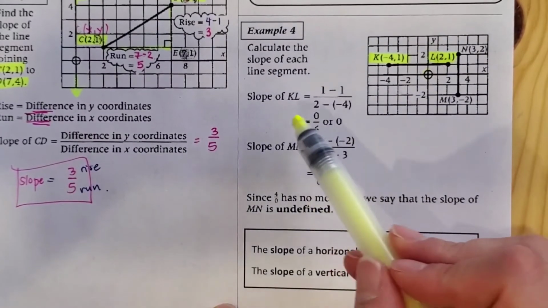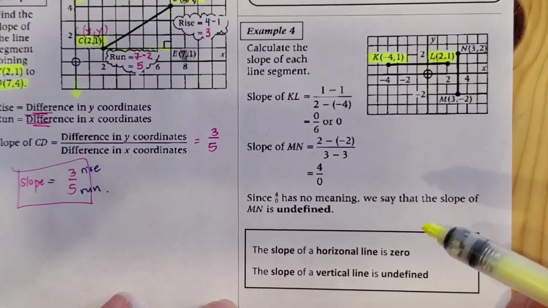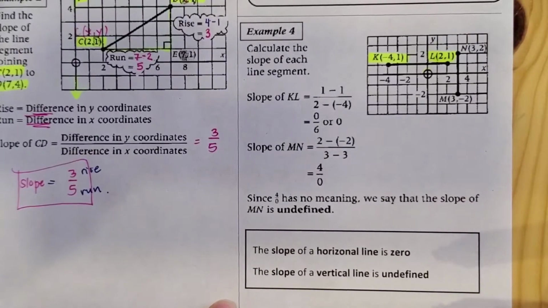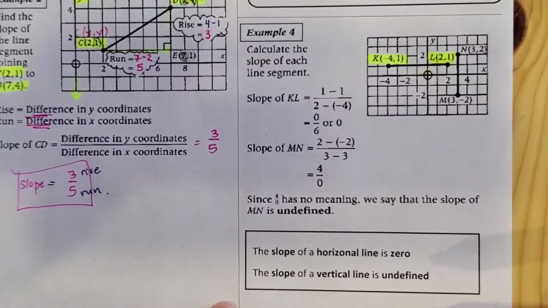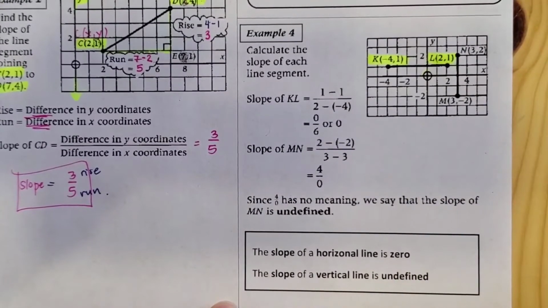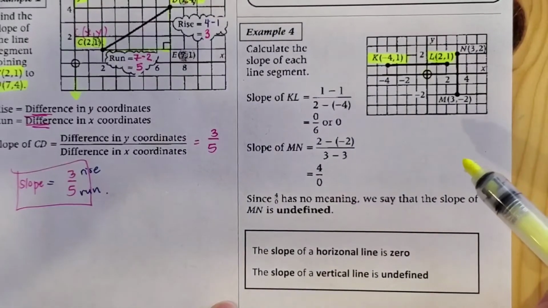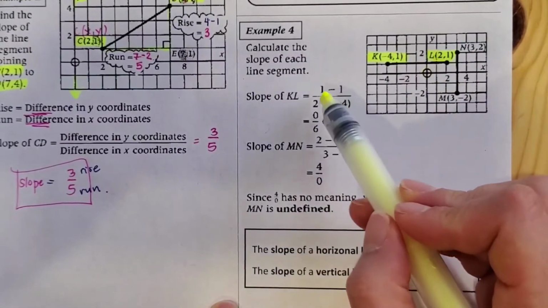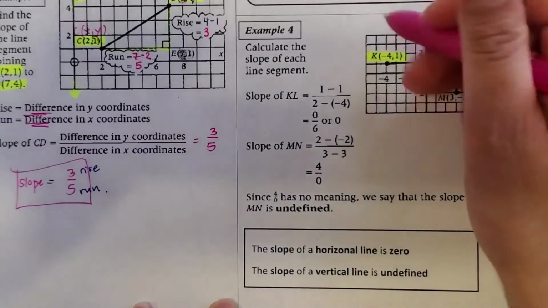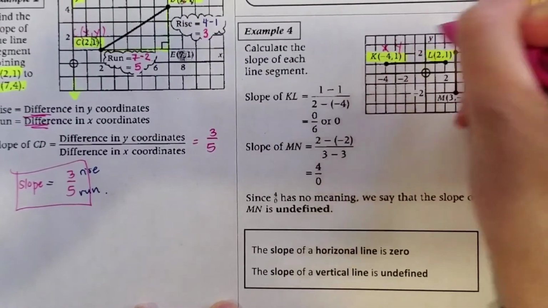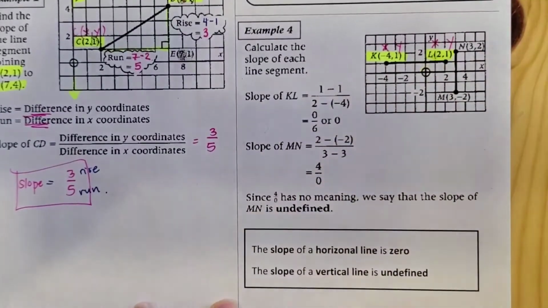Okay, so slope of K to L. It has the answer here for you. What it's saying is, you take your x and your y values.